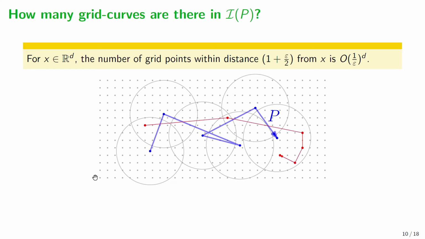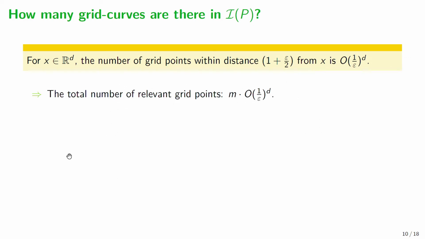Others can have only one point in the first two balls. The total number of relevant grid points is m times the size of one ball. And naively, the number of grid curves is bounded by this number to the power of m.